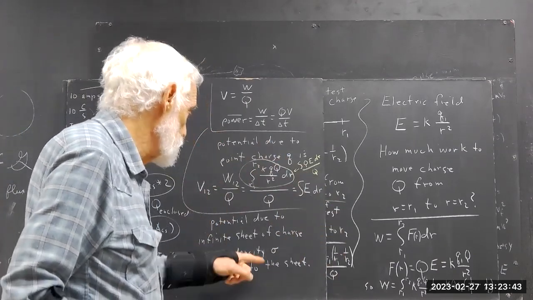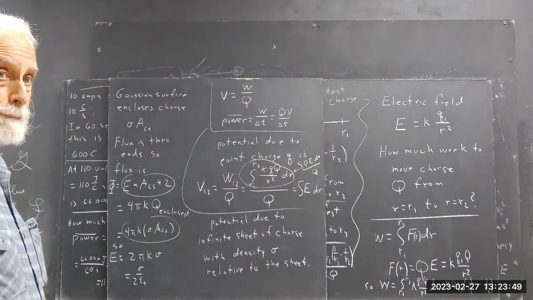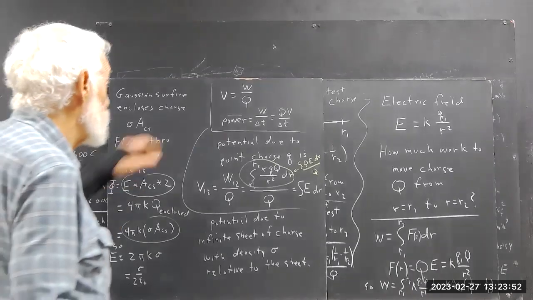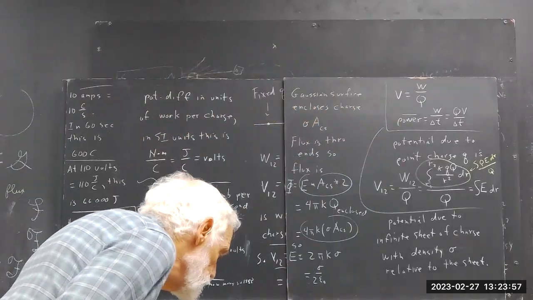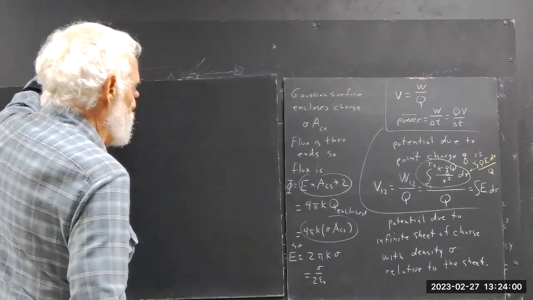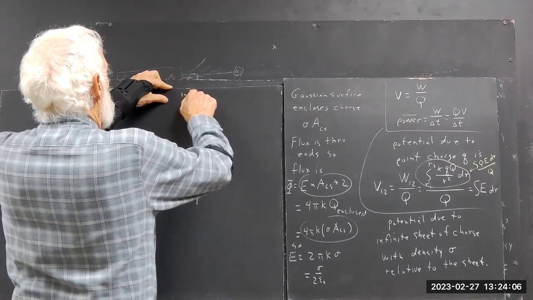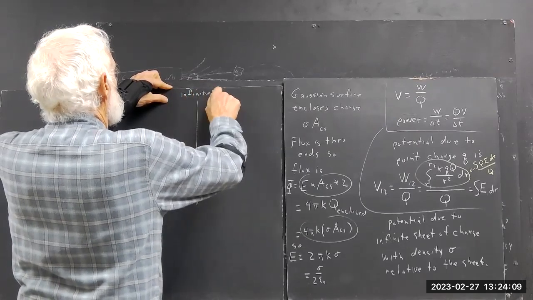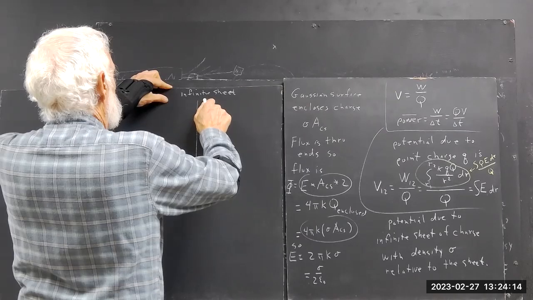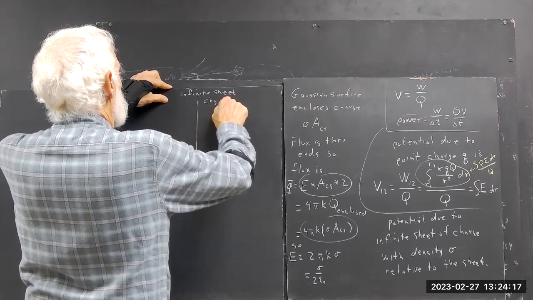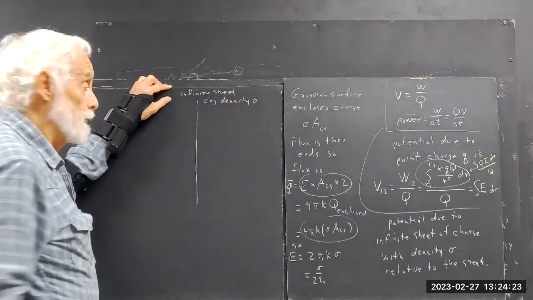Potential of a point relative to the sheet, with charge at density sigma.